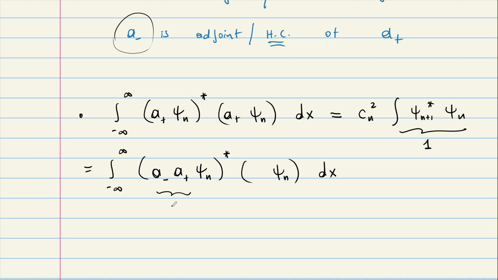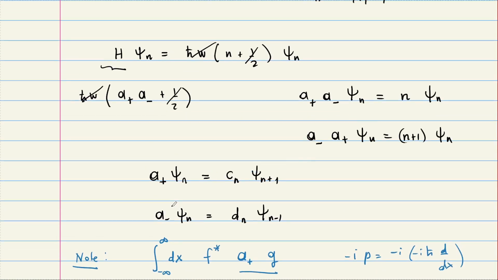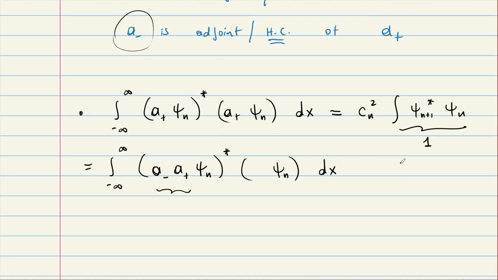Now A minus A plus, when I see this, I'm happy because we already have a very nice relation: A minus A plus is n plus 1. So it was like this. Let's go back. The earlier exercise showed that you can take things from here and put them there with Hermitian conjugation.